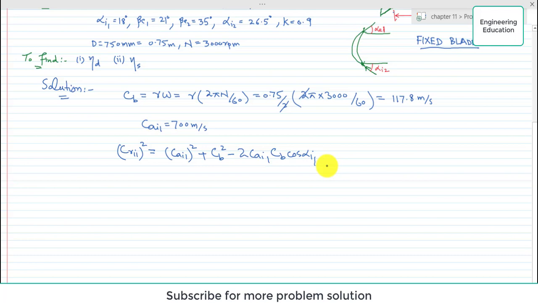So now putting the values, we will find the value of CRI1.